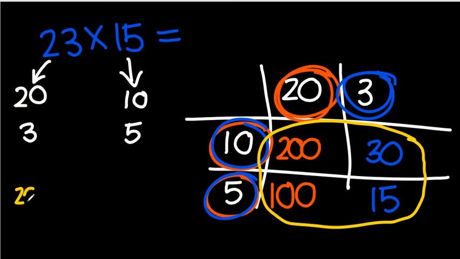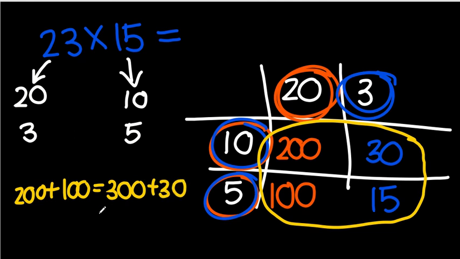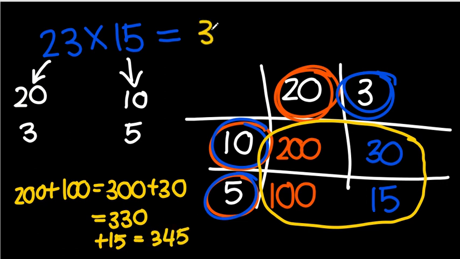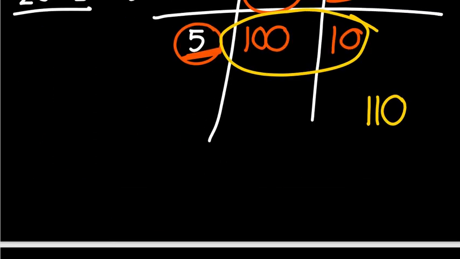We're going to go 200, add 100 gives us 300, add 30 gives us 330, and then add the 15. We are going to end up with 345 as our final answer. So that one, 345, even though the grid is a little bit more complicated, still really straightforward, quick multiplication there.